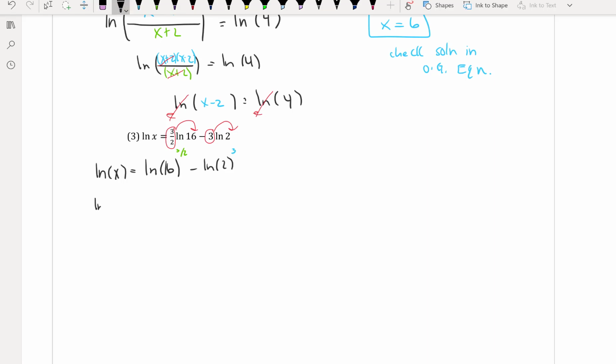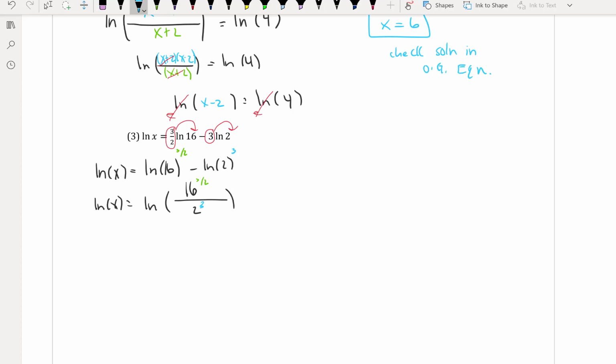Now, because I have subtraction, that subtraction is going to lead into division. So I'm going to have my ln, and up on top, I'm going to have 16 to the 3/2. And down at the bottom, I have 2 to the 3rd power.